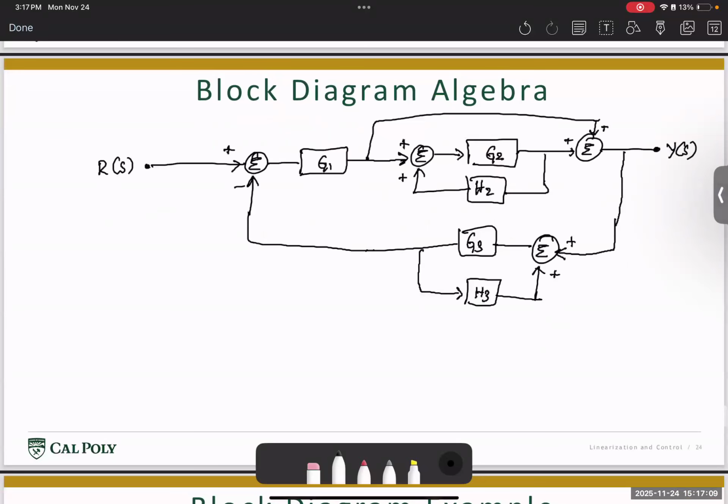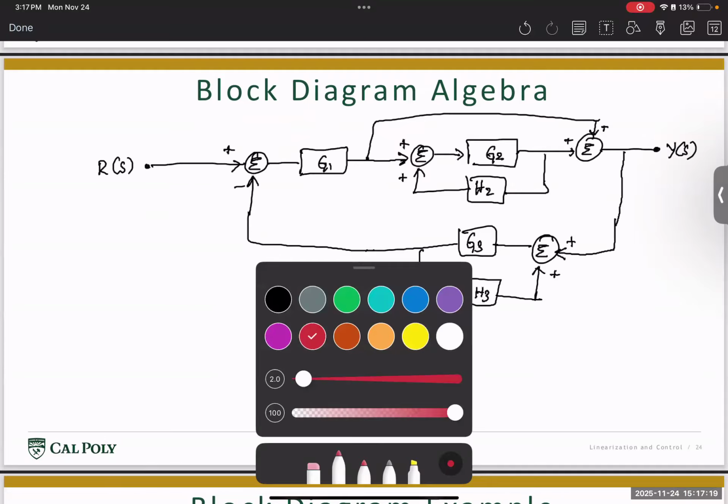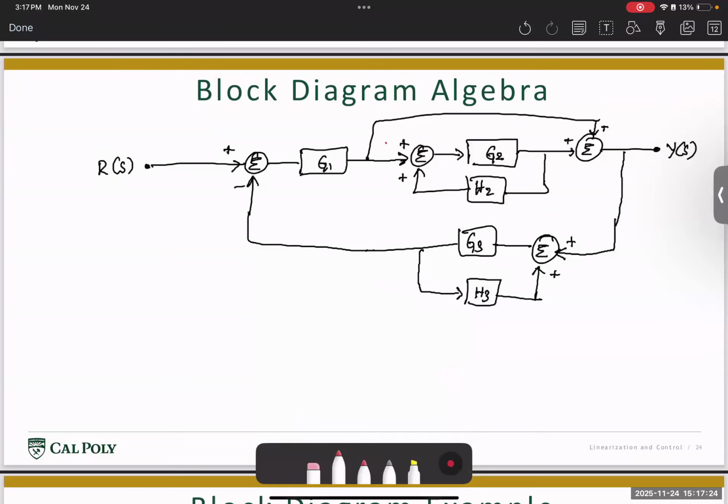The idea now is to simplify this entire block diagram and write it as one single block diagram. To do that, let us start by just considering this block. Let's just look at this block where we have something that looks like a feedback system. And then let us look at this block where again it looks like a feedback system.